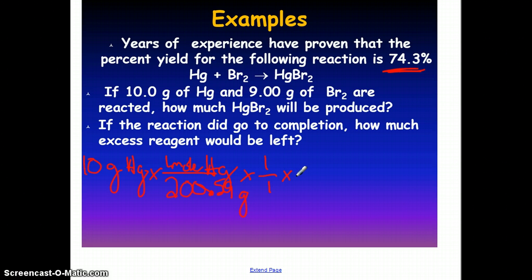Then we want to figure out how many grams we're going to have. The molar mass of HgBr2, because that would be our product, I got 360.39.